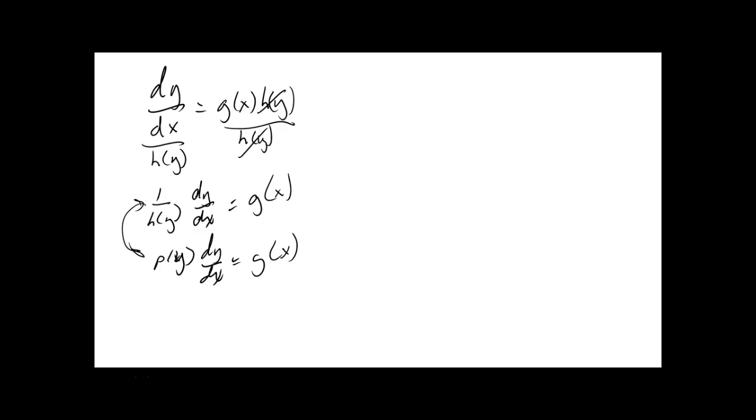And they do some other strange things here and say, well, if this p of y happens to be 1, then you just have an ordinary differential equation, dy/dx is equal to g of x. I don't know why you would say that, since p of y would be equal to 1 when h of y is equal to 1, so why in the world would you do that? But now, what if the y was some phi of x?